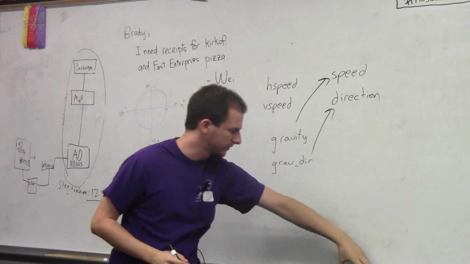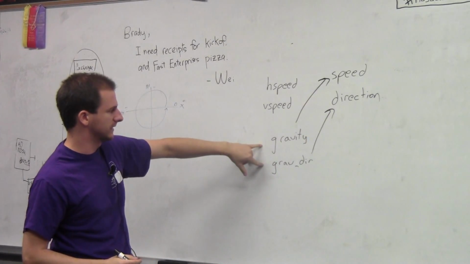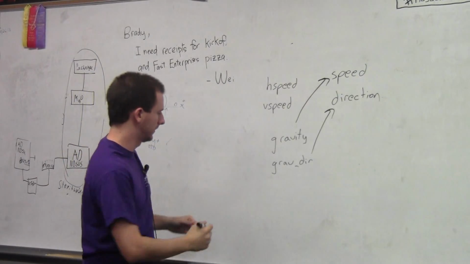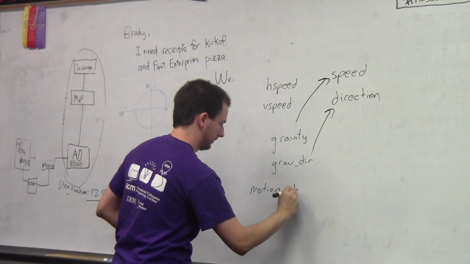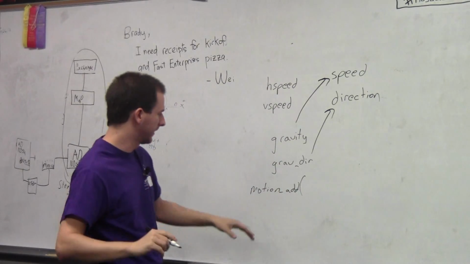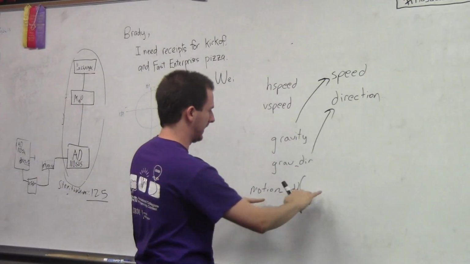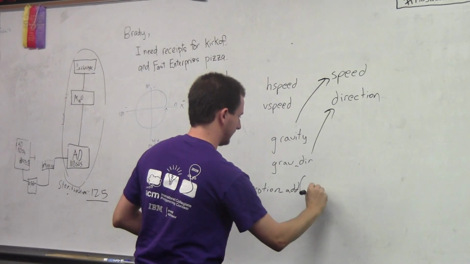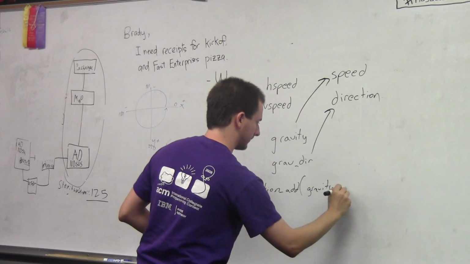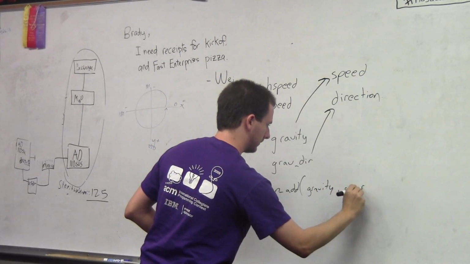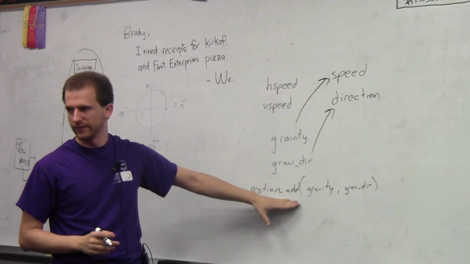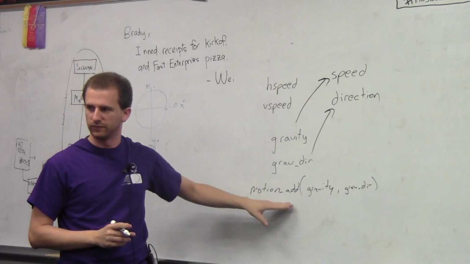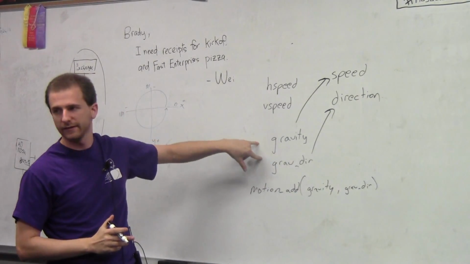Essentially, it does a motion add operation, and this is also a function in GameMaker, motion add, where you add a certain motion. This will be gravity and the gravity direction. It's going to do this automatically every single frame if you have these set.